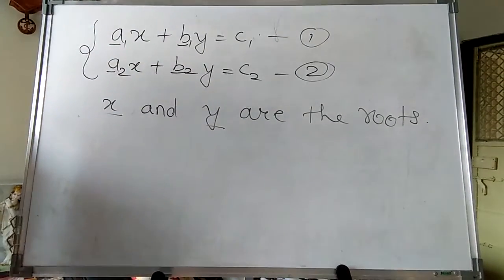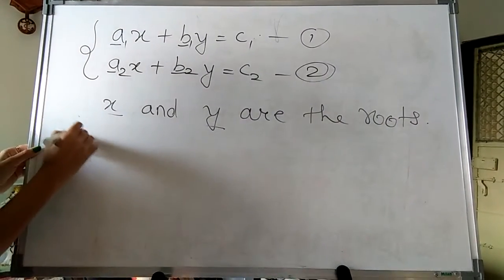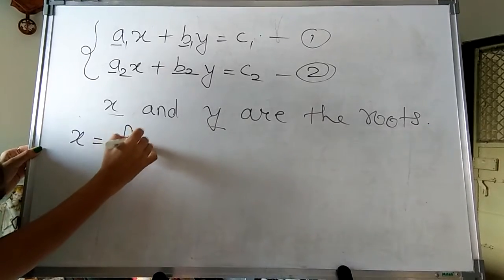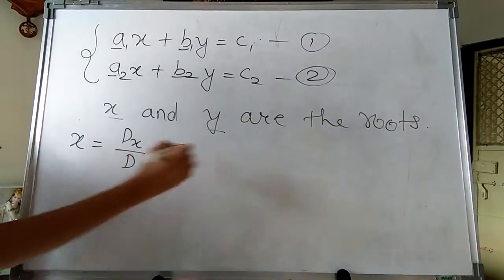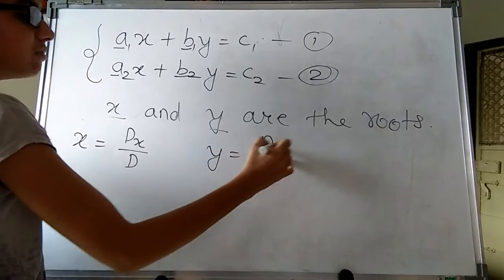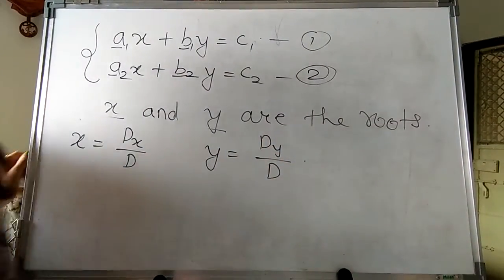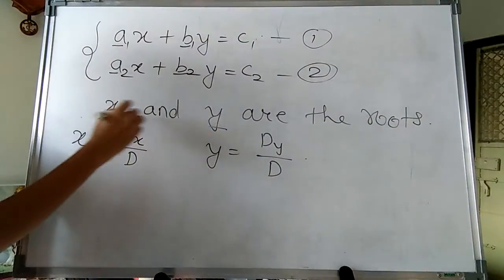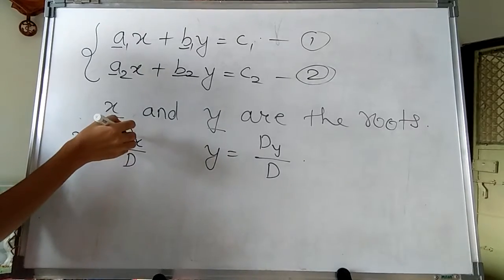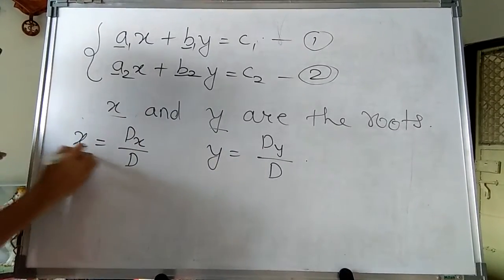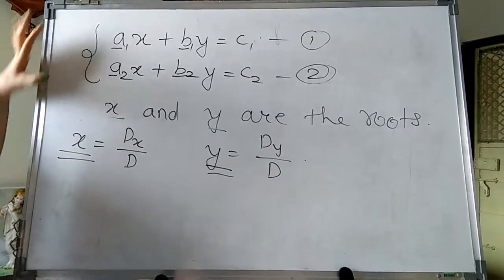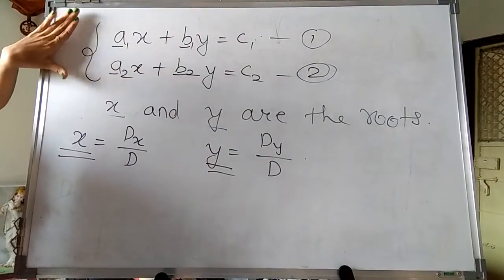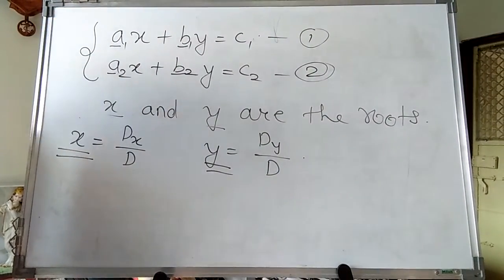Now how to find x and y? x will be Dx upon D, the ratio of Dx to D, and y will be Dy upon D. Whatever the values of Dx and D, dividing the value of Dx by D, you will get x. In a similar way, you will get y. And this will be your solution for this simultaneous linear equation in two variables.